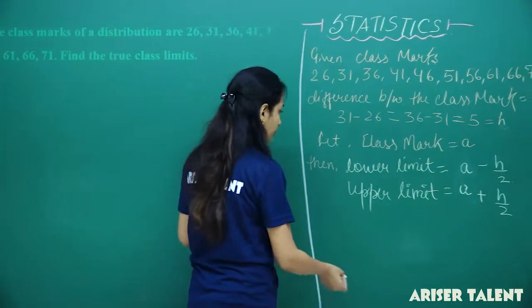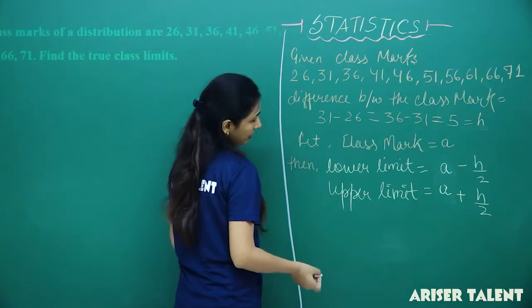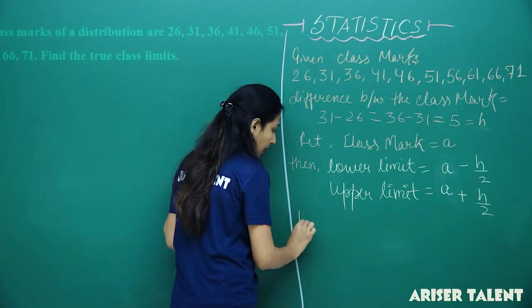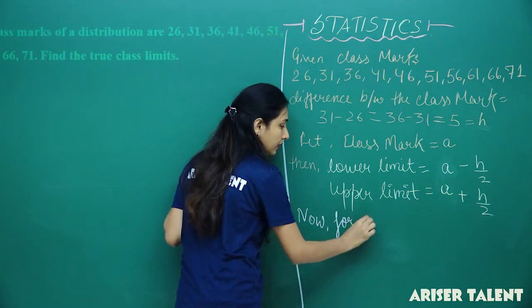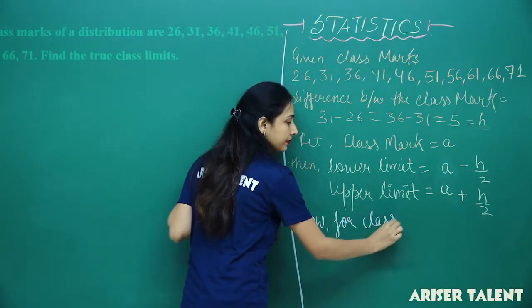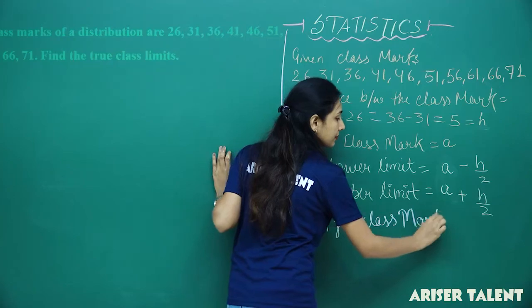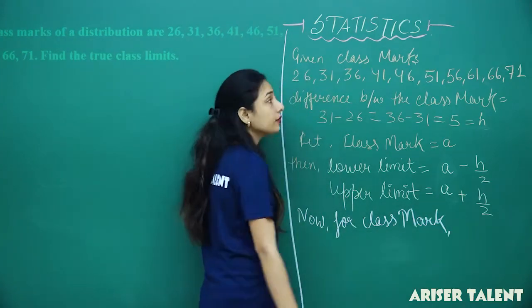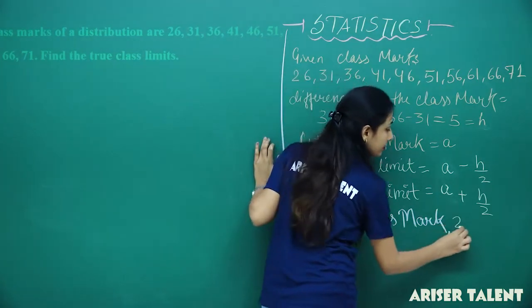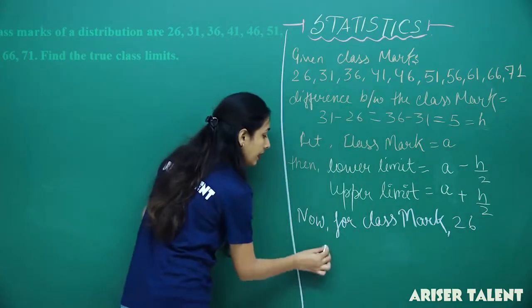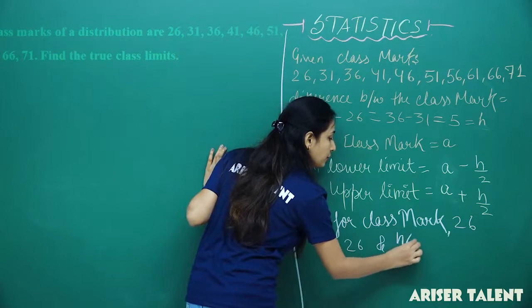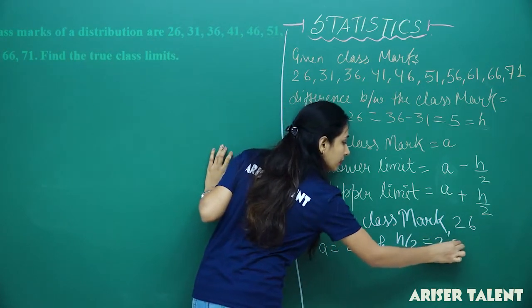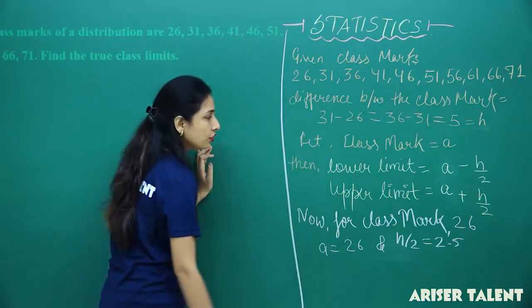So here you go with this. Now for class mark 26, A is equal to 26 and h by 2 equals 2.5, because 5 by 2 equals 2.5, right?